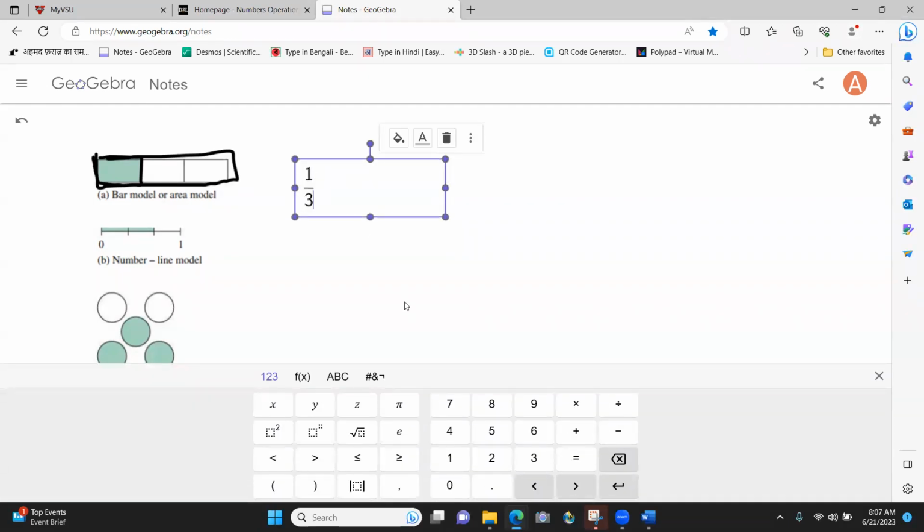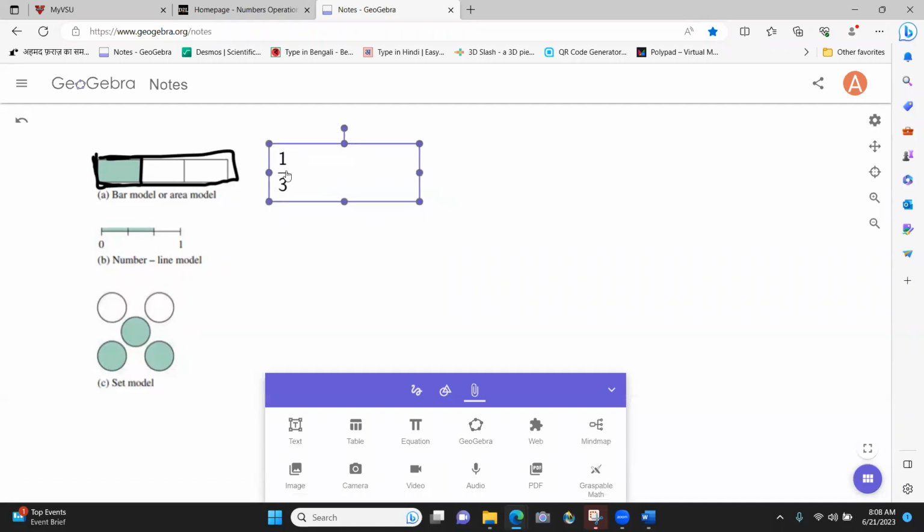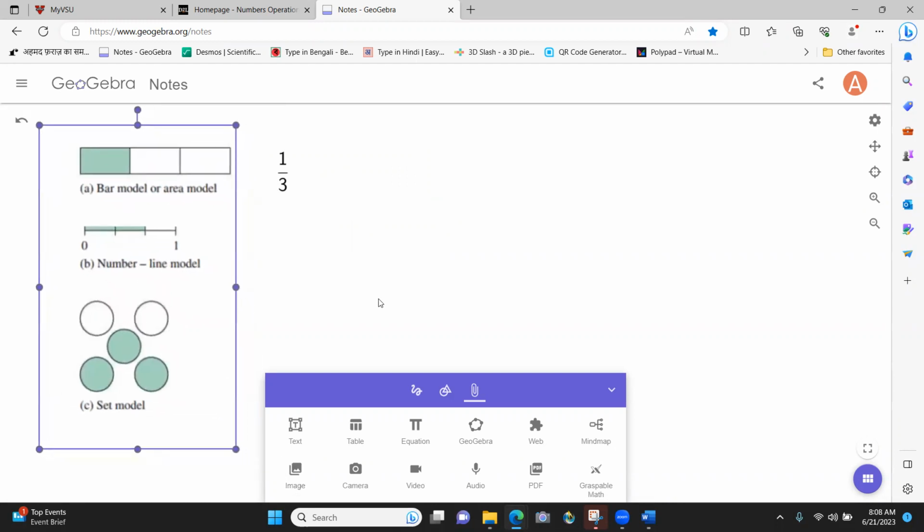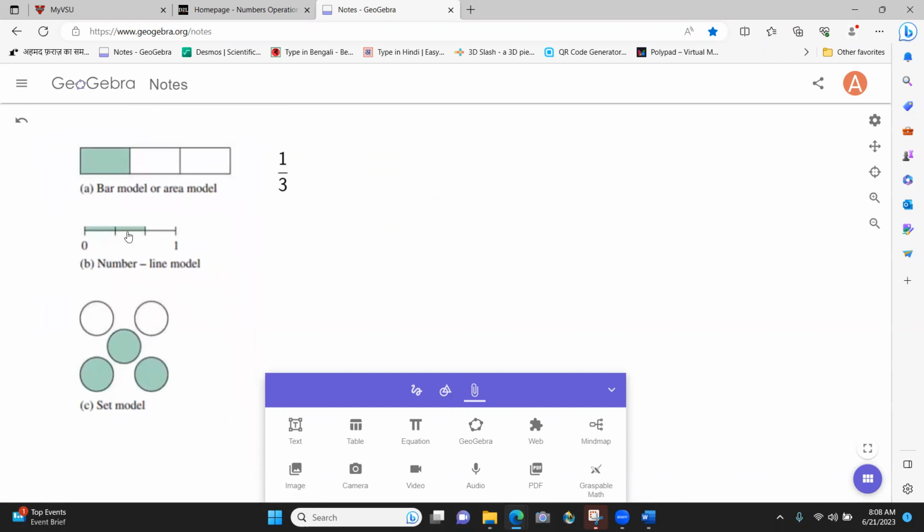And this model is called the bar model because it's represented in terms of bars. Bars can be horizontal, bars can be vertical. Here it's horizontal. In this model, it's very similar to the bar model, but it's on a line. It's called the number line model. Here you have 2 out of a total of 3.